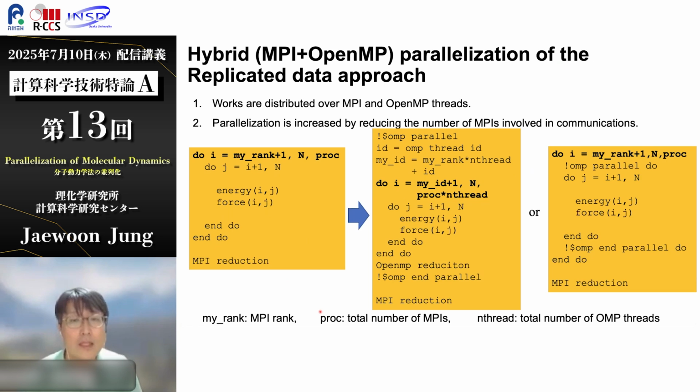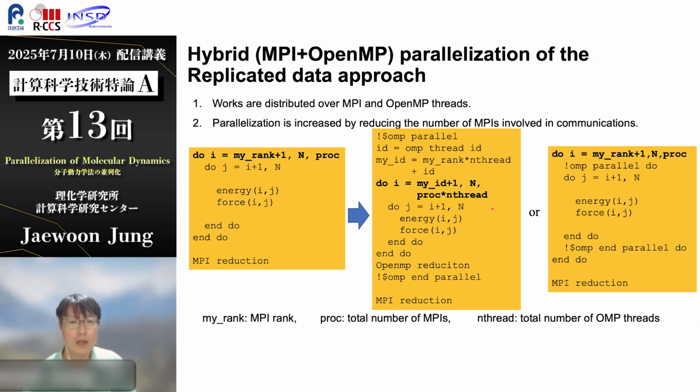If you consider hybrid parallelization, combining MPI and OpenMP, this is also not so difficult. For example, originally for MPI, we just divide these two loops using the rank number and process number.